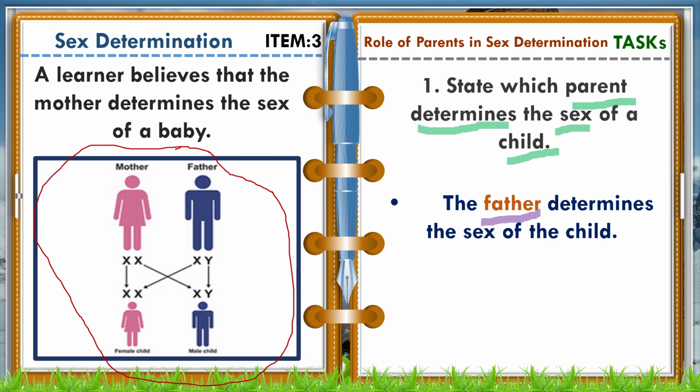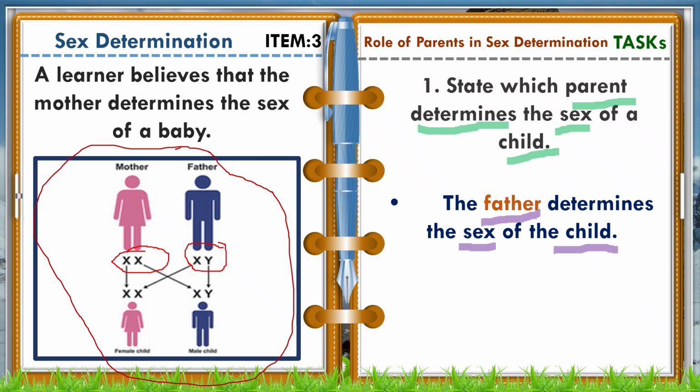The father determines the sex of the child. When you look here, the father has chromosome combination XY, and the mother has XX.